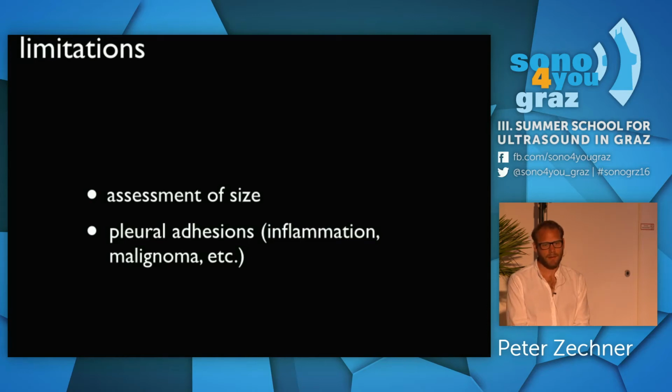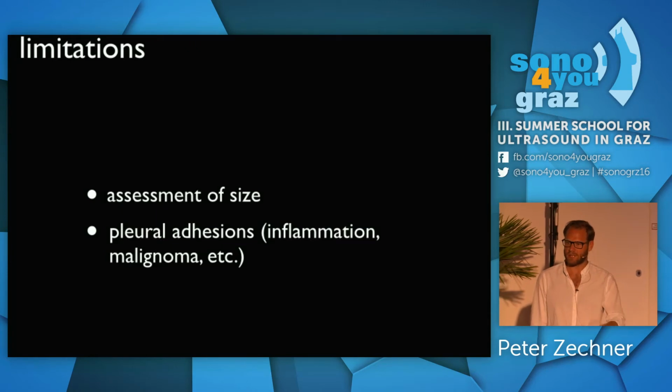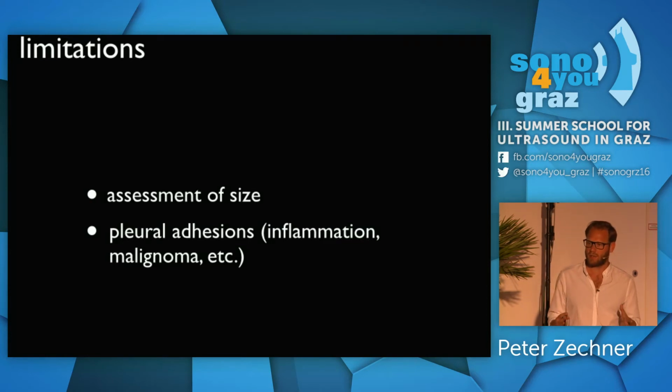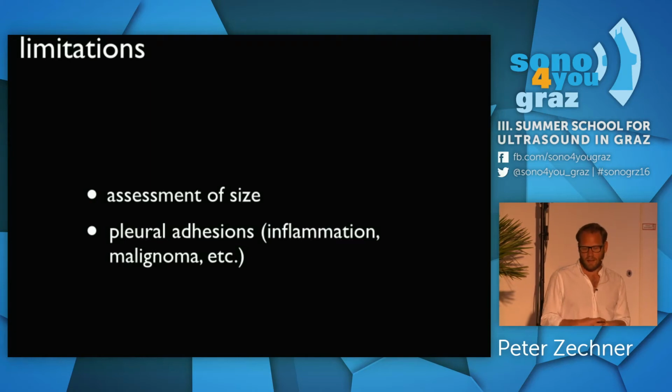Yeah, absolutely. If you find a pneumothorax and the patient is stable, I would always do a second diagnostic test, for example a CT scan, or if the patient is in good condition and can stand up, we can do a chest X-ray in two positions. Okay?